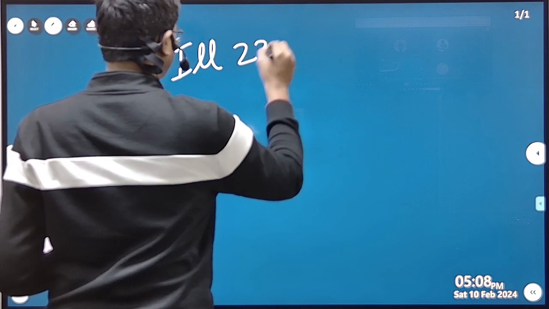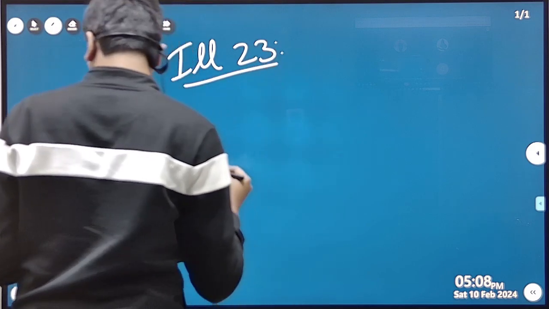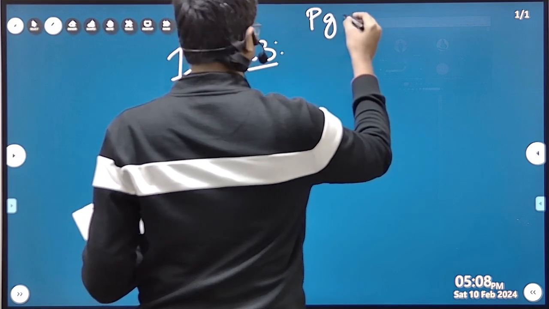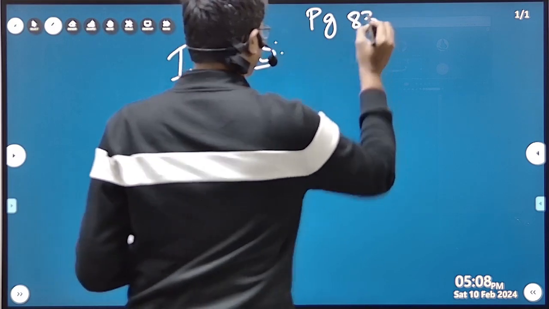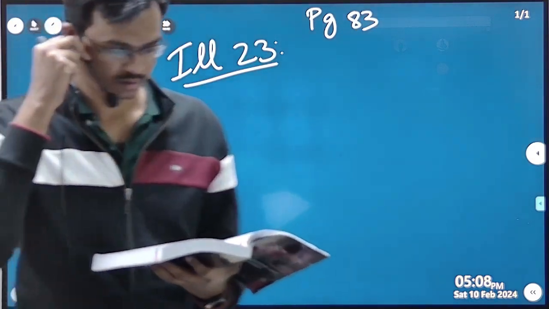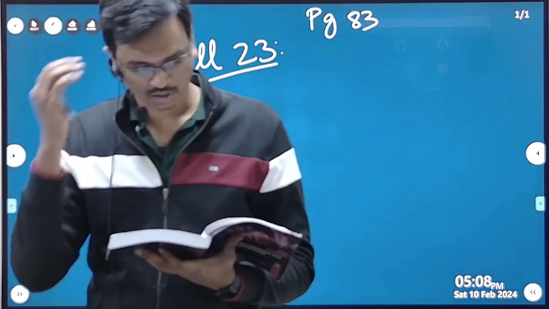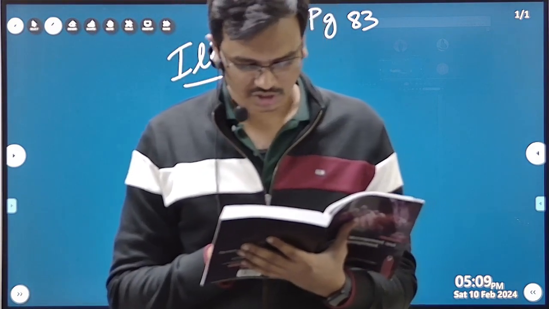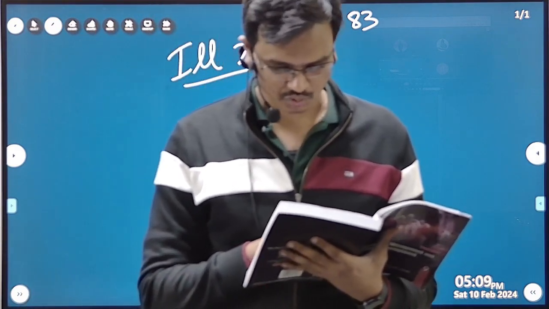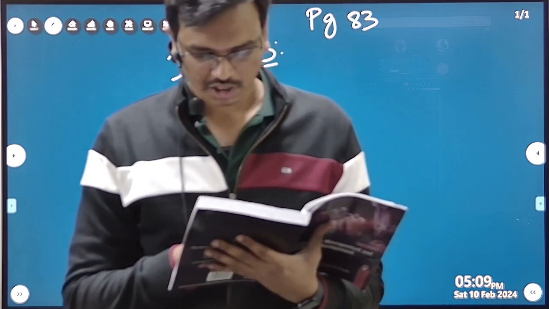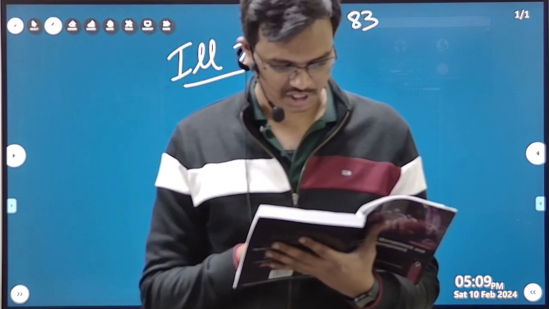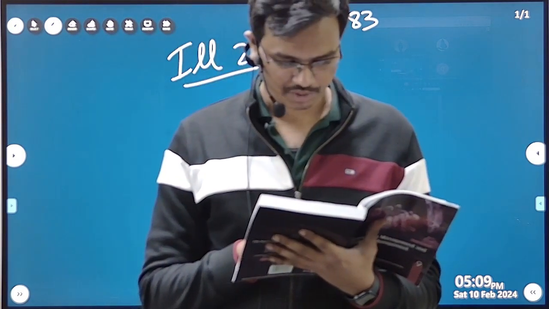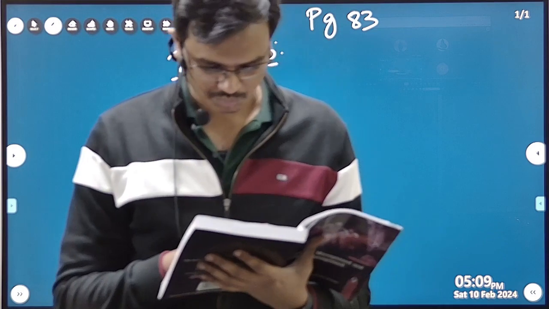Illustration 23, this is a different kind of problem, a different pattern. Page number 83. He says consider an EOQ case where annual demand is 1000 units, economic order quantity is 200 units, the desired probability of not stocking out is 0.95, that is 95% probability.